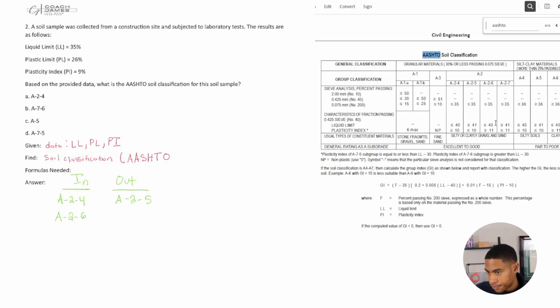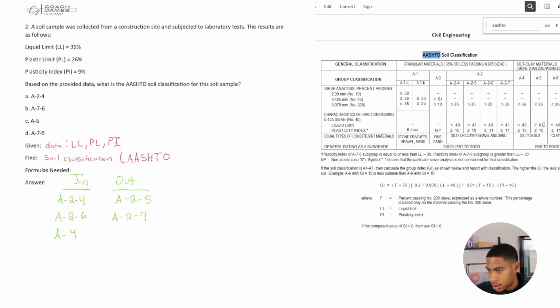And then A-2-7 is out. And when I say out, it just means it doesn't qualify. So our liquid limit is not greater than 41. It's 35%, right? Okay. A-4. Is it less than? Yes. So it's still in.